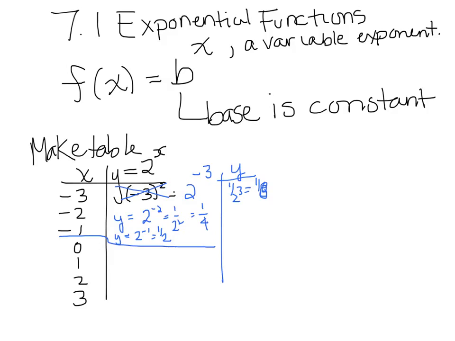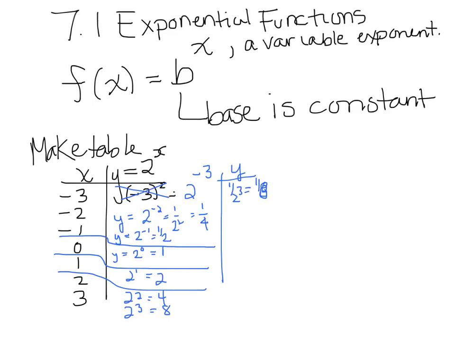And then we have y is equal to 2 to the 0 power, but you remember anything to a 0 power is just 1. And after that, things are going to get a little simpler for us. 2 to the 1 is just 2, 2 squared is 4, and 2 cubed is 8.